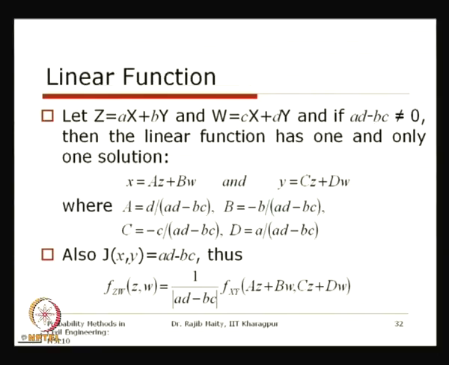Now we will take up some special cases of these two functions. The first one is linear functions only. Linear functions means we are multiplying by some constants and adding them up.